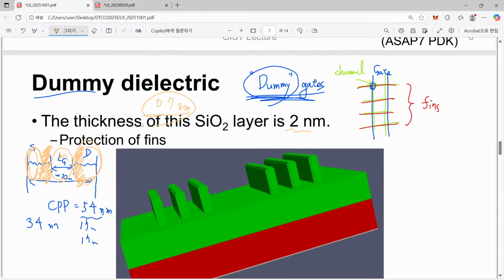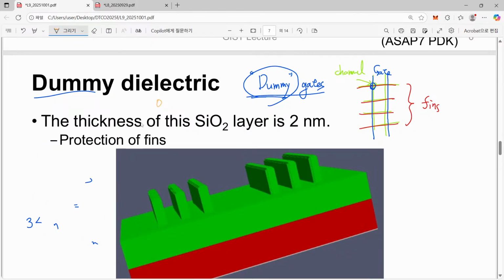So we intentionally grow a little bit thicker one, and this is used to protect our fins. So this one is drawn.